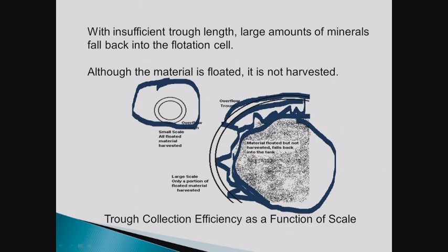It never makes the overflow weir. As a result, it falls back into the batch or into the tank and gets refloated again, and falls back down and gets refloated again. The efficiency of this may be 100% over here. The efficiency of this thing is 20%.